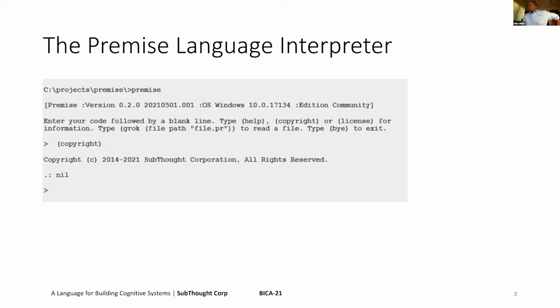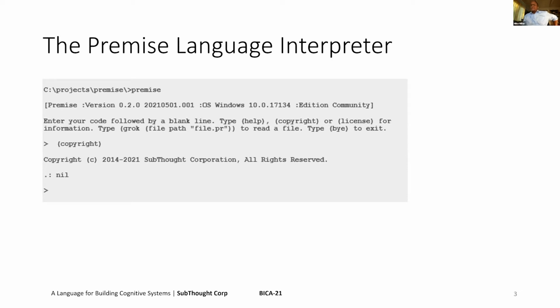Software agents written in the language share a knowledge base where they can create, modify, and delete objects amongst themselves in a stigmergic manner. Premise is influenced by Lisp, Self, JavaScript, OPS, particularly OPS5, CLIPS, and SQL. And it facilitates declarative, functional, and imperative programming.